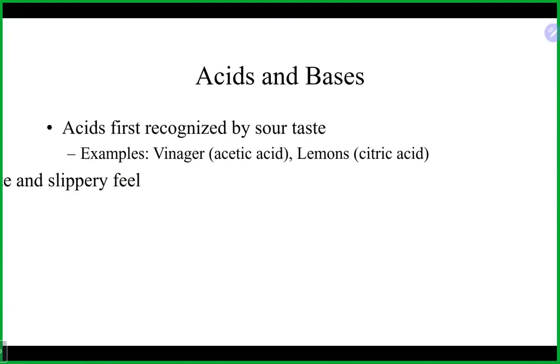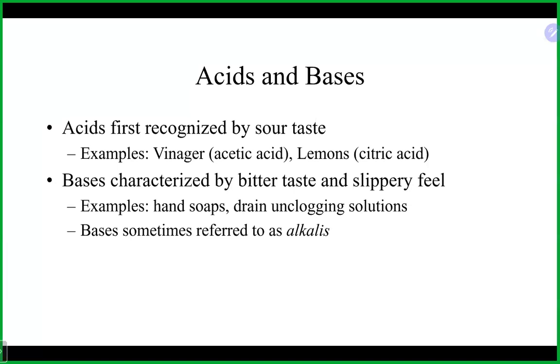So let's just start with the idea of acids and bases. Acids were first recognized by their sour taste. Common acids: vinegar has acetic acid in it. Lemons have citric acid. What is a basic definition of acids?